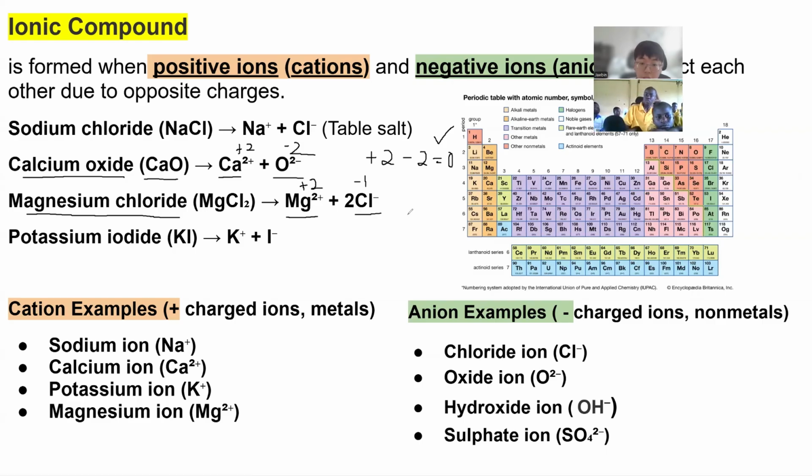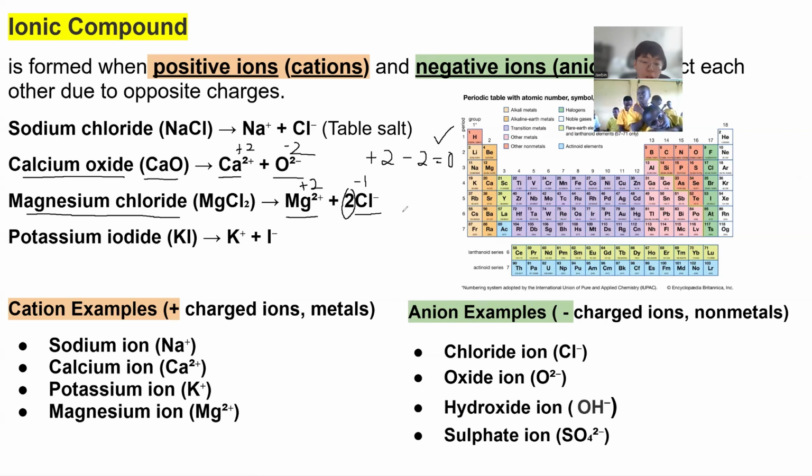How do we make the total charge 0? Yeah, that's why we need two chloride ions, right? We need two chloride ions to combine.